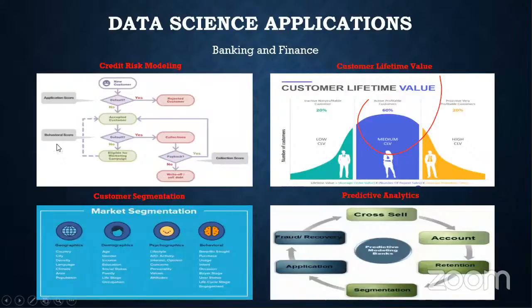Based upon all of these decisions, they try to do some predictive analytics. They try to see whether they should cross sell certain products to existing consumers, whether they should have a retention policy, more segmentation, and then they can do a recovery if something is not working out, or whether they have faced a fraud.